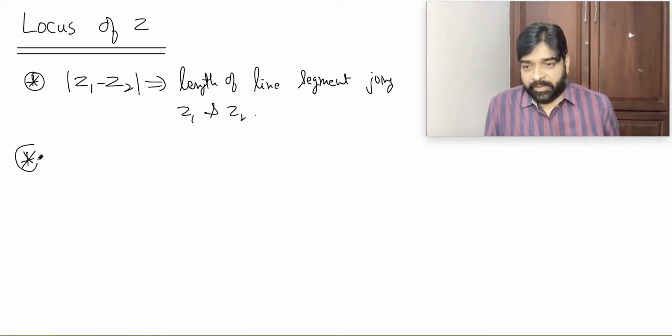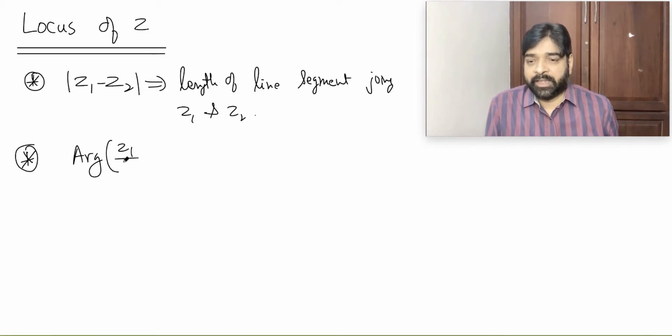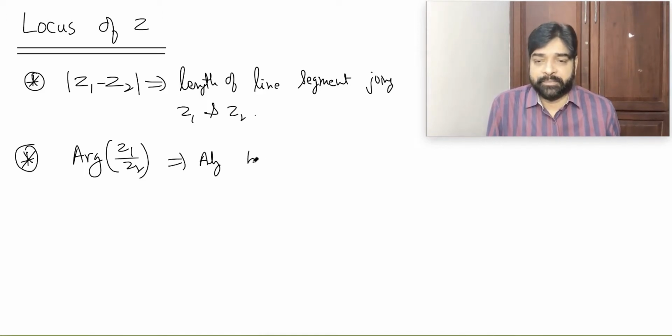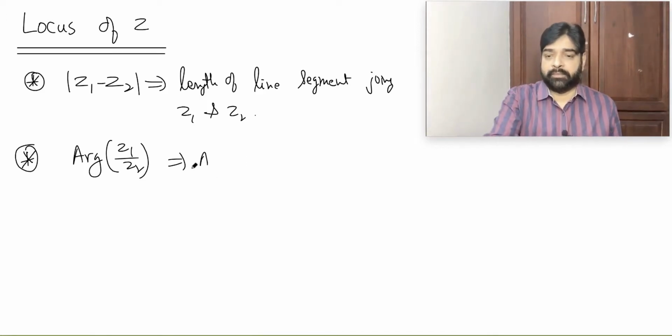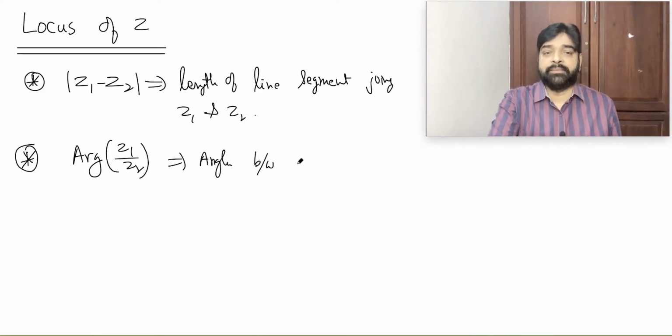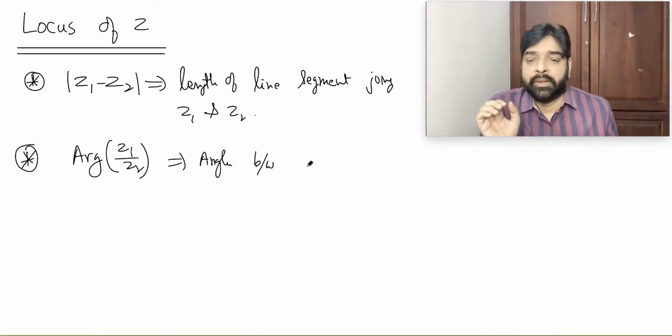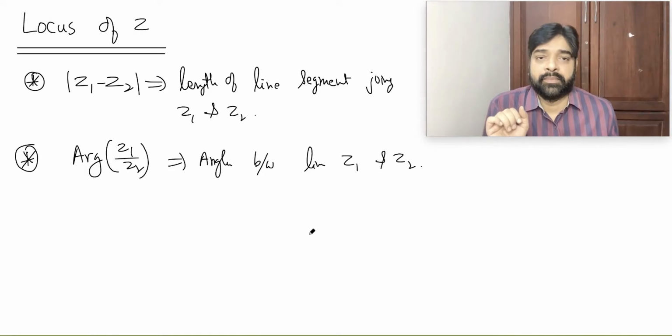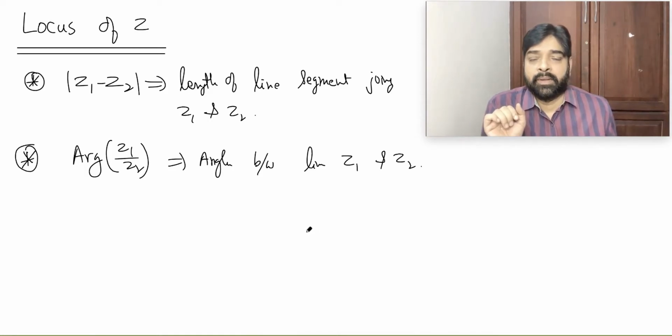Second thing, which just now I told you. Argument of Z1 by Z2 represents the angle between line Z1 and Z2. Can we see it in the picture?